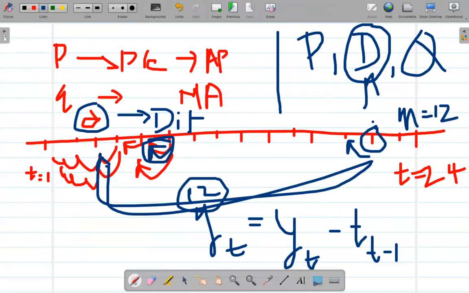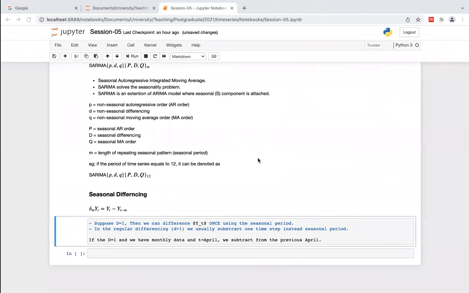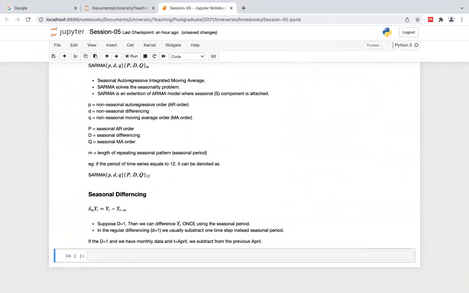Suppose this is the month of April. Then differencing once with D equal 1 means you have to jump to the previous year's April, not the previous time step itself. You subtract the previous year's April value. I think it's clear enough now what the difference is between regular differencing and seasonal differencing.